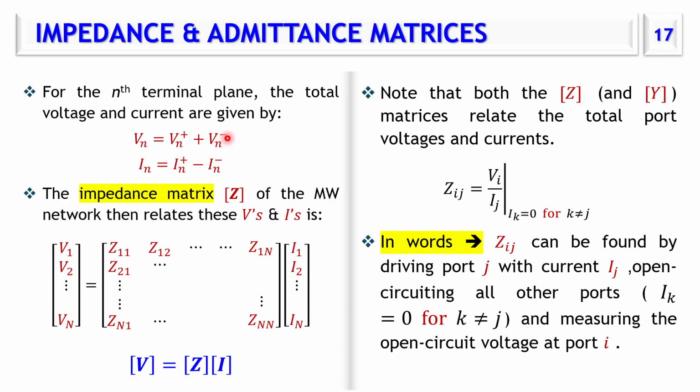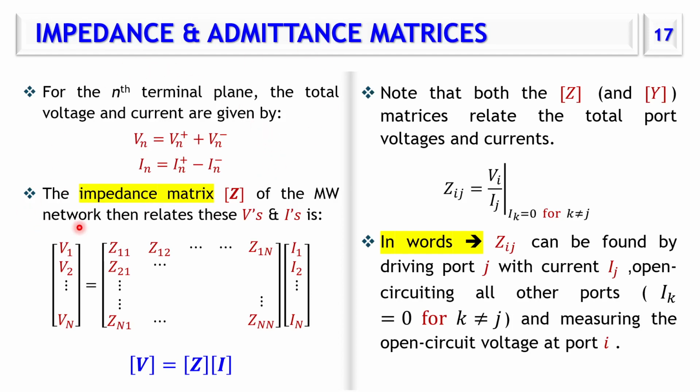V minus is the wave reflected from the port. Current plus is the current going into the port. Current minus is the current going out of the port. So the total voltage at terminal N equals V plus plus V minus. In is defined as the current going into the port, which equals I plus minus I minus.